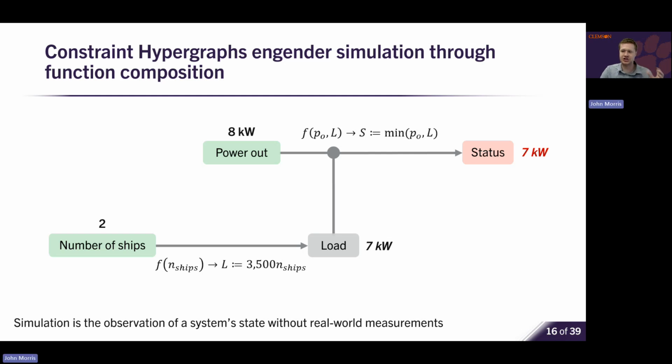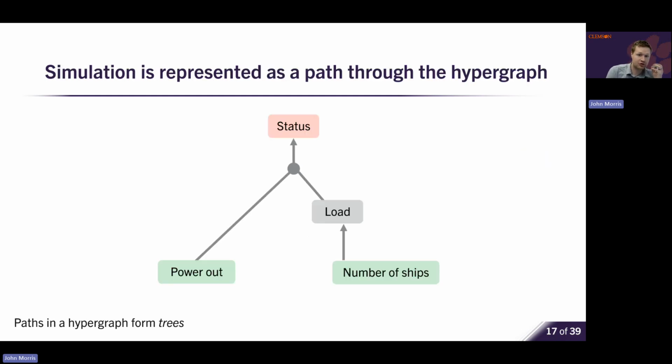Let's look a little bit more into the simulation because this is interesting and bears some fruit in understanding what this means in terms of a hypergraph and our system representation. So first off, every simulation is formed of chained functional processes. This actually looks like a tree in the graph. Normally with graphs, our paths are chains, right? A goes to B, B goes to C, C goes to D, etc. But in a hypergraph, because we have multi-dimensional functions, we actually end up with trees.